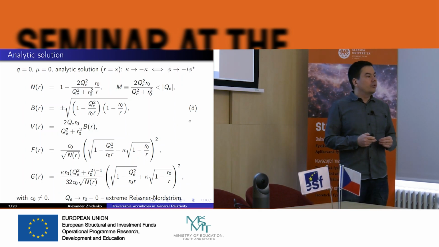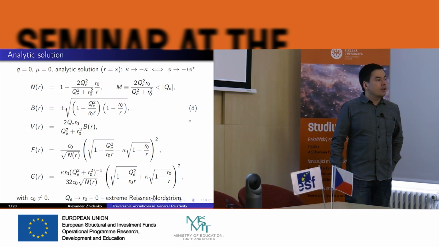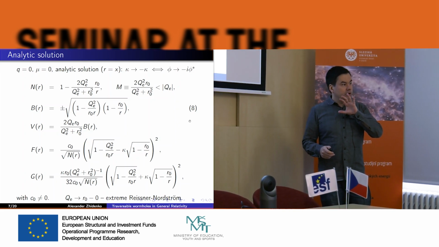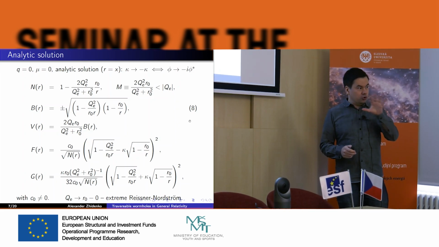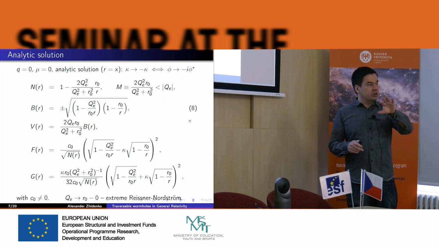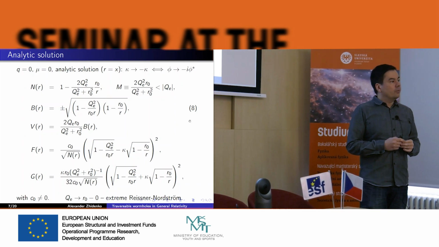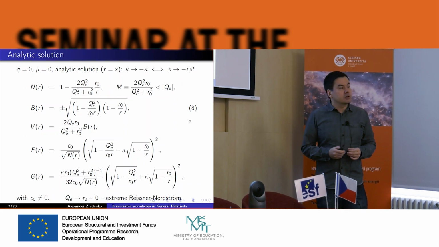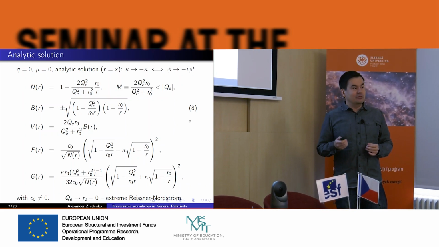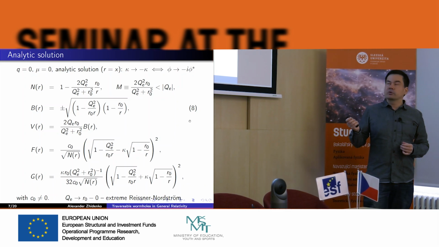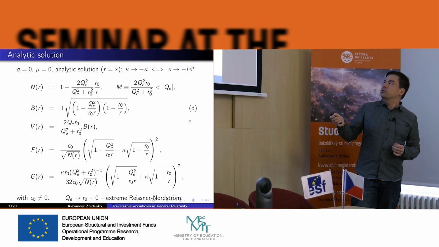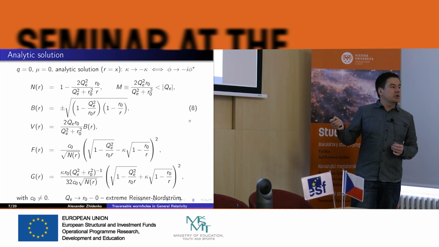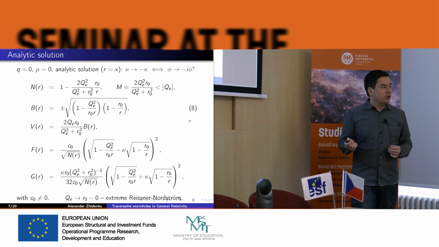You said that it looks like a black hole, so there is even horizon. From the distance, it looks like black hole, but there is no horizon. If we approach this, we see that there is no. Bigger than mass, it's naked singularity. Yes, it would be naked singularity, if it was Reissner-Nordstrom, but this is not Reissner-Nordstrom solution. There is no naked singularity because r is always larger than r0.